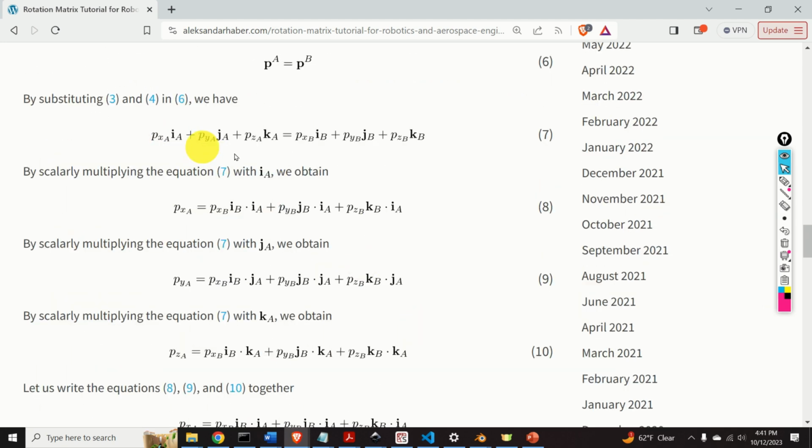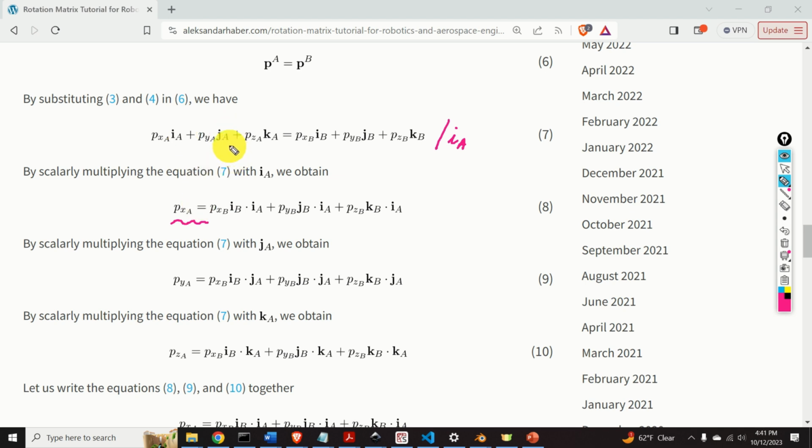Next, let us scalarly multiply this equation by IA, that is, by the unit vector of the axis XA. As the result, we obtain this equation. How did we obtain this equation? Well, IA scalarly multiplying IA is equal to 1.